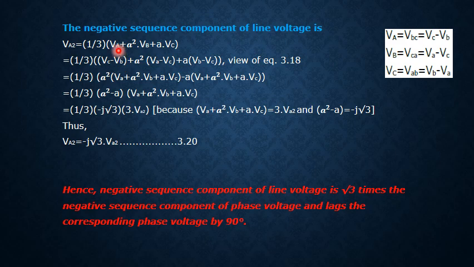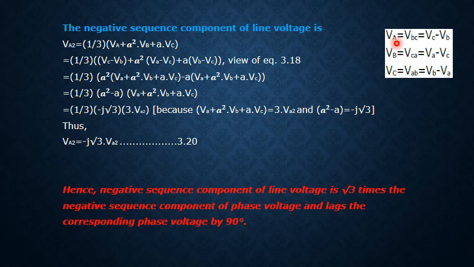So keep that in mind. The line voltage VA, in terms of phase voltage, is equal to VC minus VB.